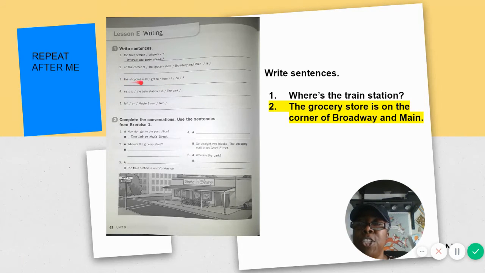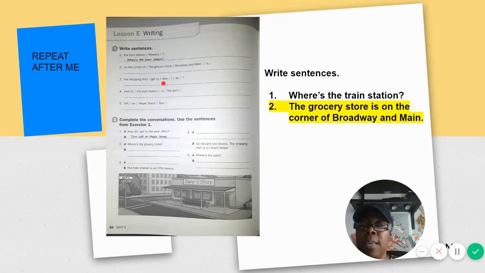Number 3, we have the shopping mall, get to, how, I, do, and question mark. So we know that this is going to be a question. Now we just have to figure out how to put the words in the correct order, right?